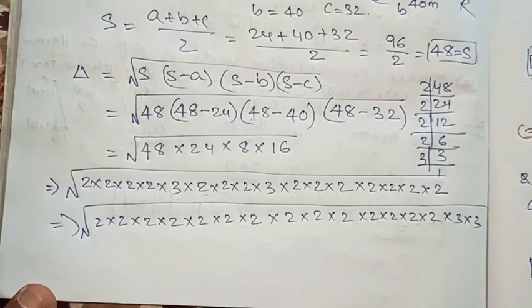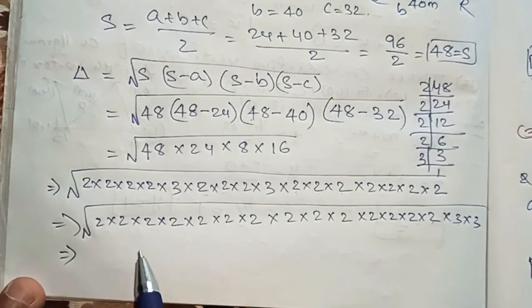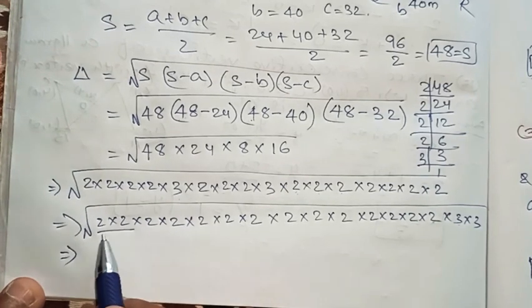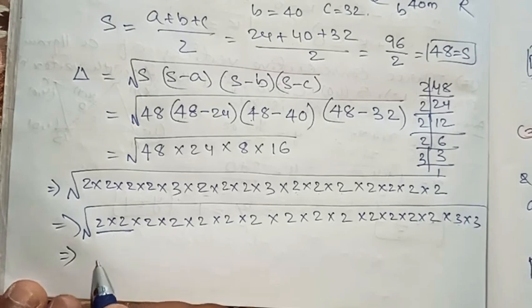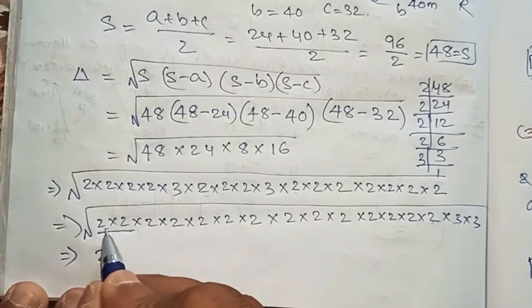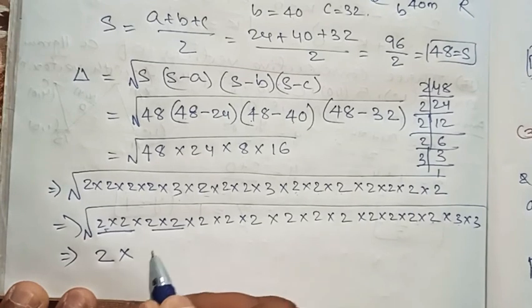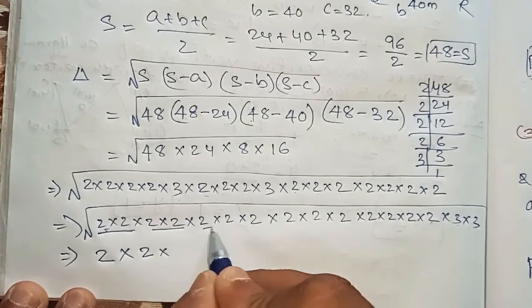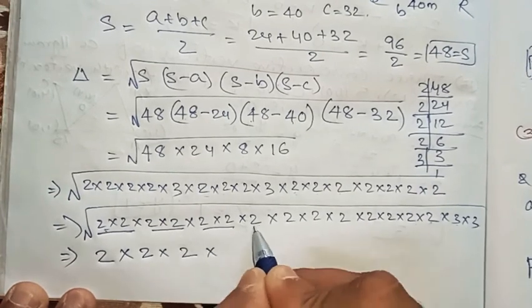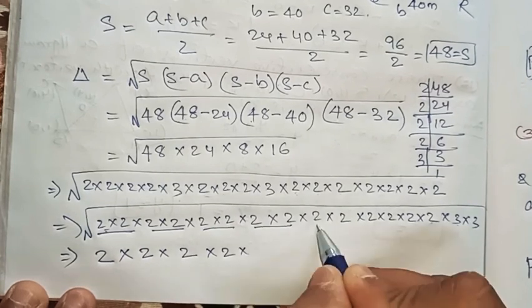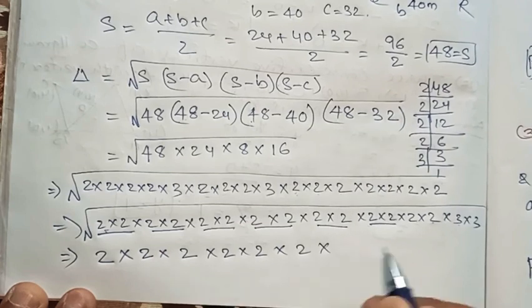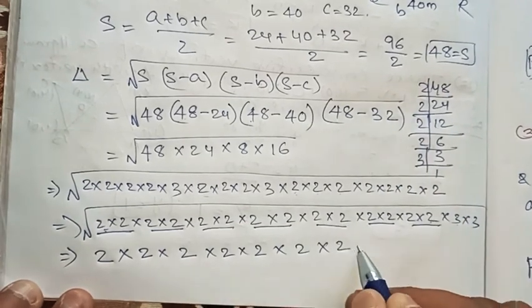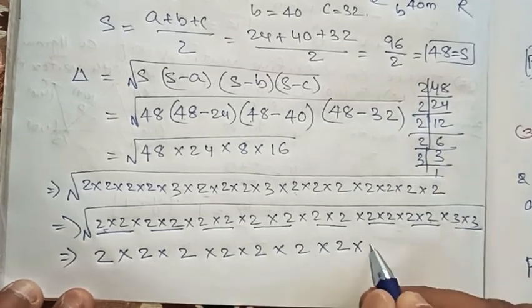Now the important part is to find the common numbers between two, that is, find the pairing numbers and write one number outside. Out of this pair one, out of this pair one, out of this pair one, and out of each remaining pair one number.